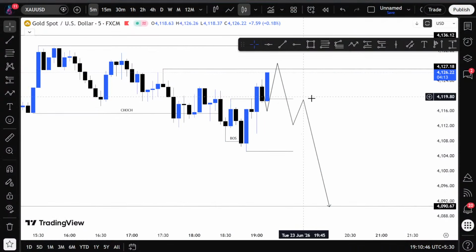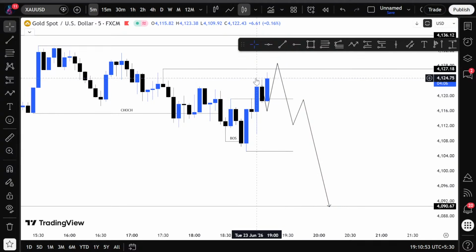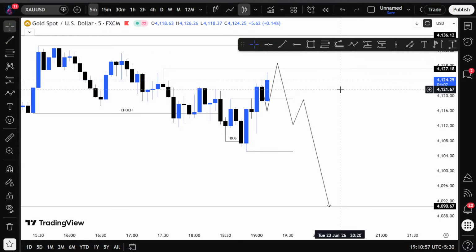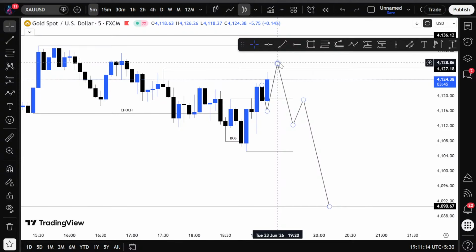See, now look at this. Why is it going exactly like this? This candle will also close above, but the second candle will close directly below this one.